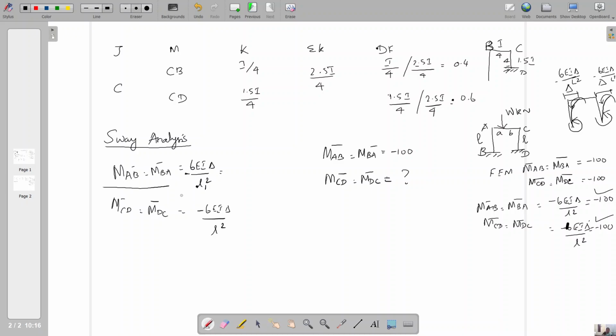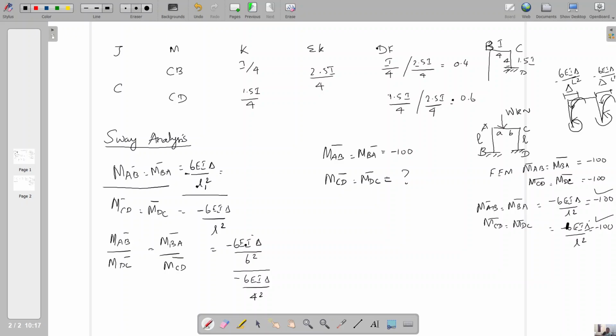You can get the ratio of M̄AB divided by M̄CD equal to minus 6EI delta by the first member length 6 square, divided by minus 6EI delta by 4 square, the second column length.